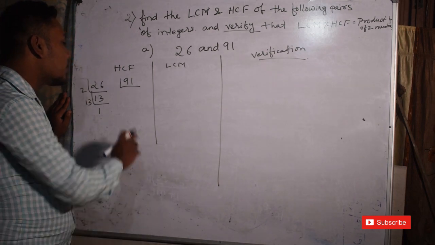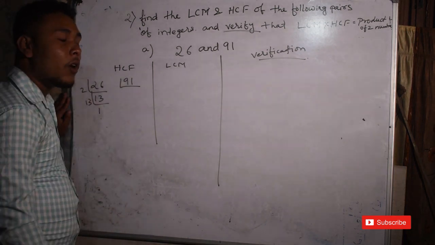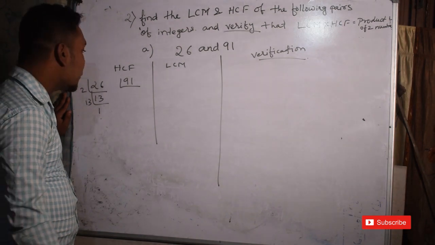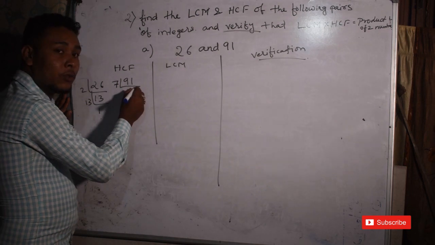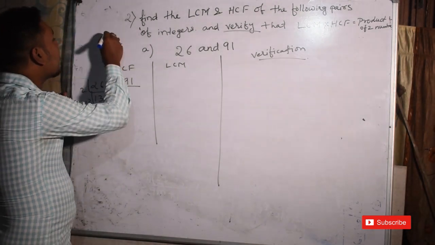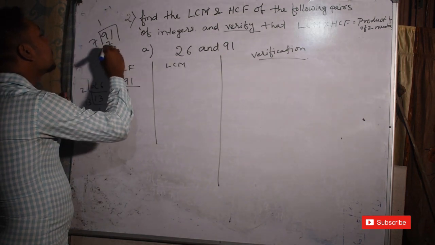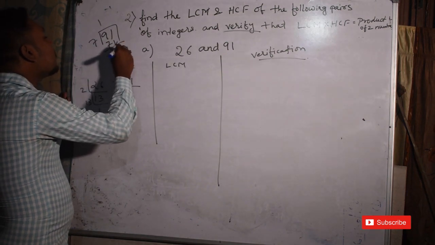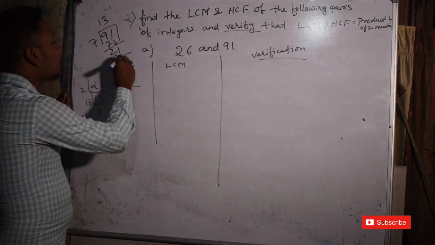By 3 it does not go because 9 plus 1 is 10. By 5 it does not go because 0 or 5 is not in its unit place. So it will go by 7. 7 1s are 7, 2 is left, 1 comes down, 7 13s are 91. So the remainder is 0.